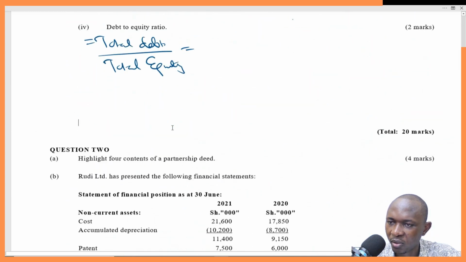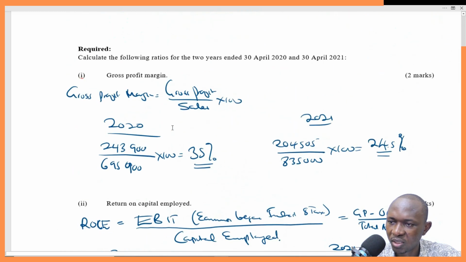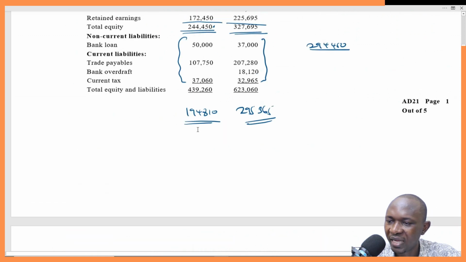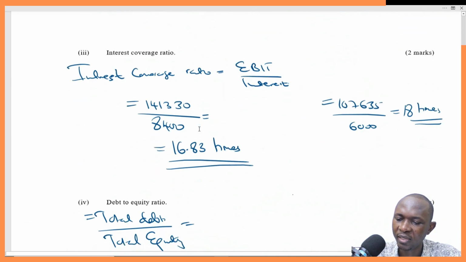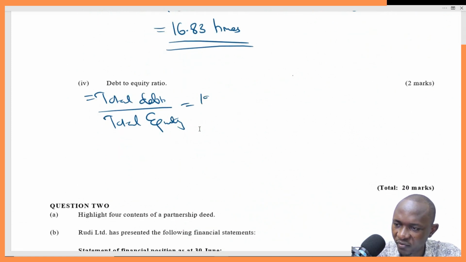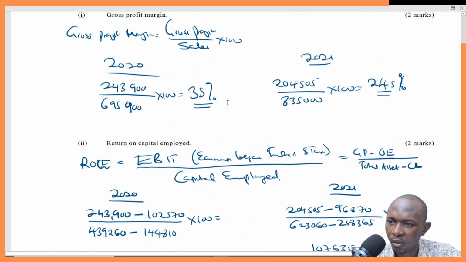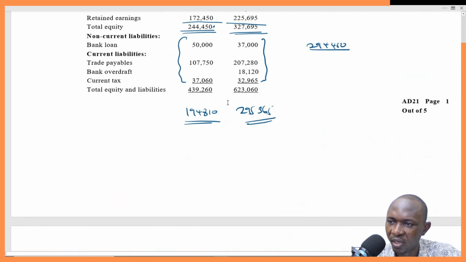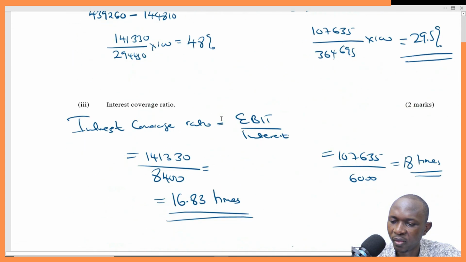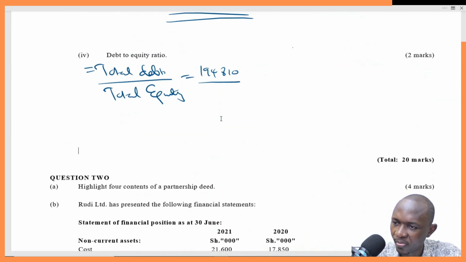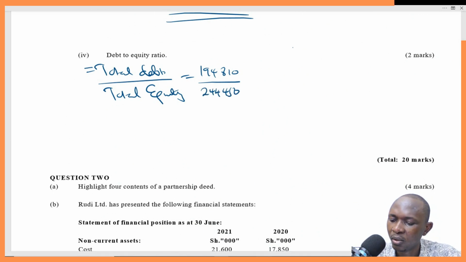What do we have here? Total debts over total equity for 2020. We'll be talking about total debts 194,810 over total equity 244,450. So this is a ratio.